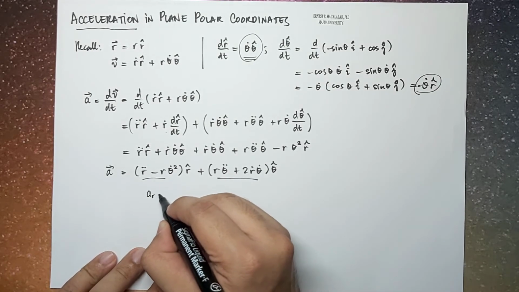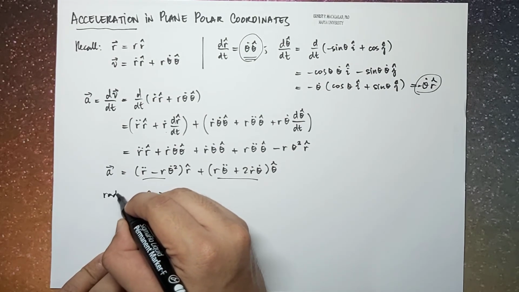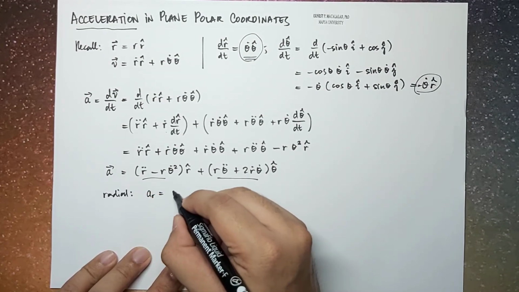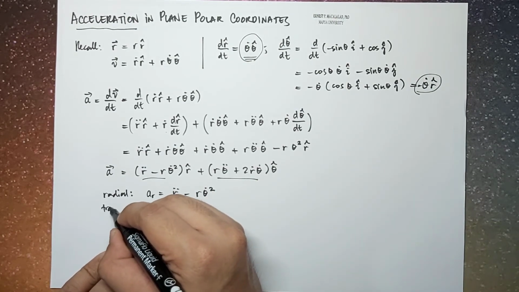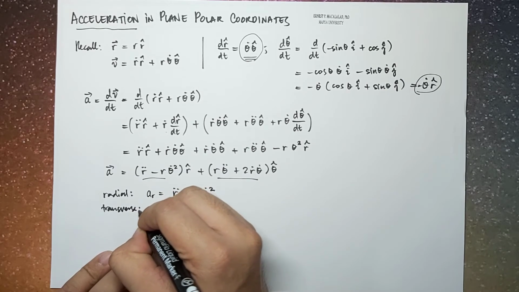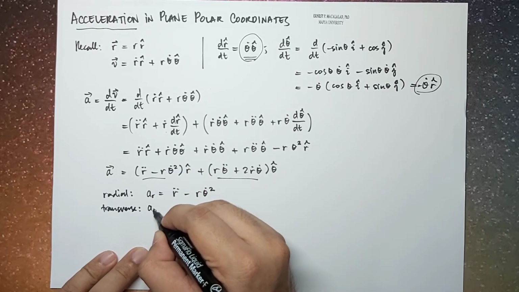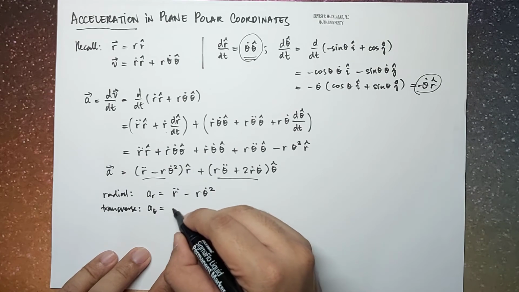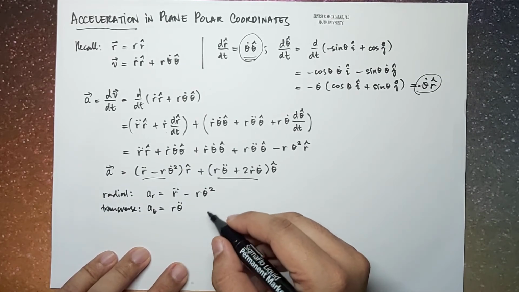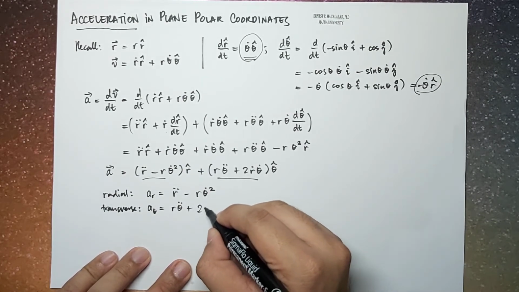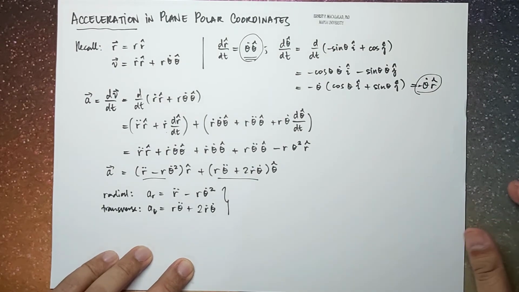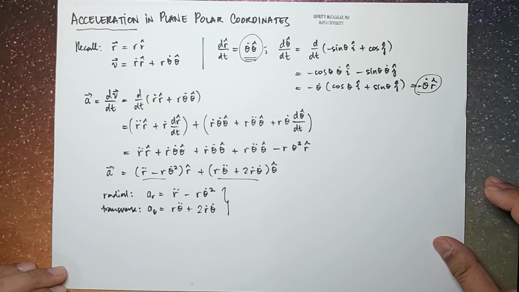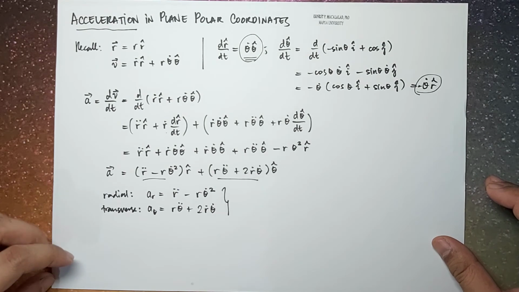So a_r, the radial component, will be r double dot minus r theta dot squared. And the transverse component, a_theta, is equal to r theta double dot plus 2 r dot theta dot. So that's your acceleration in the plane polar coordinate system.